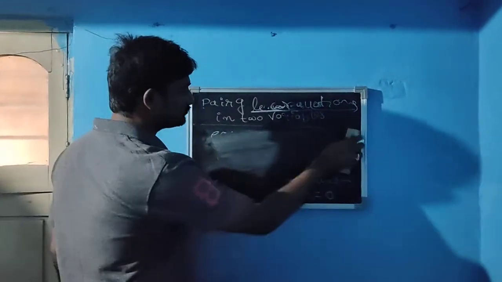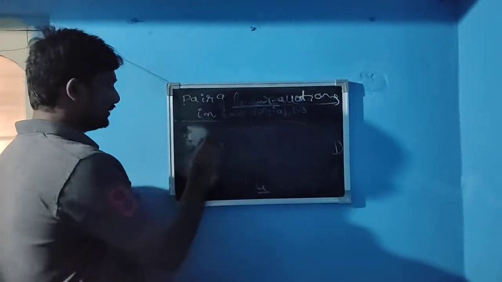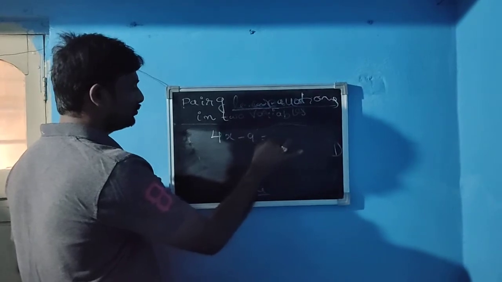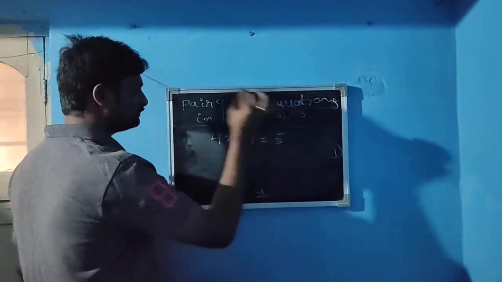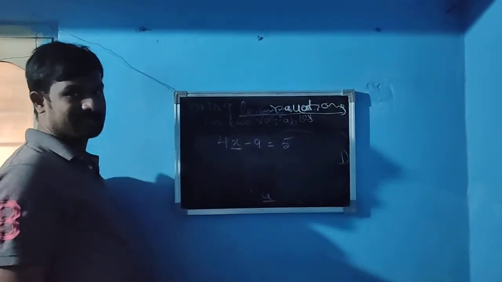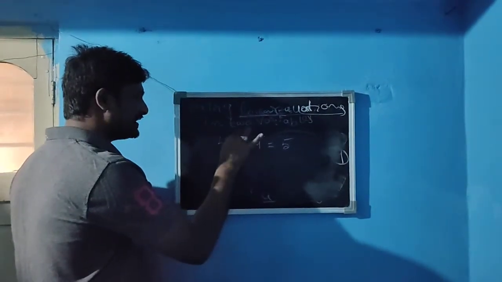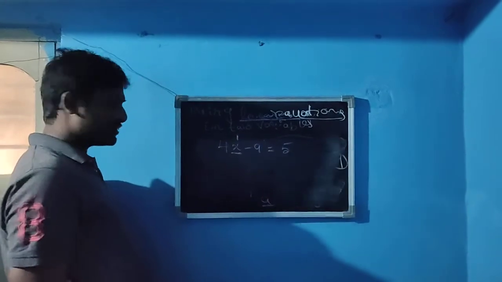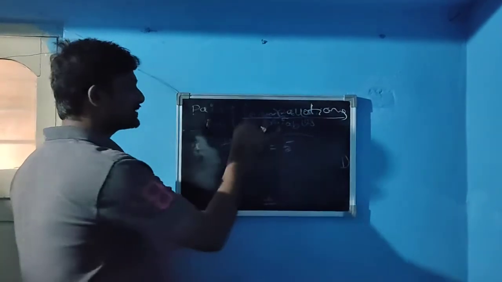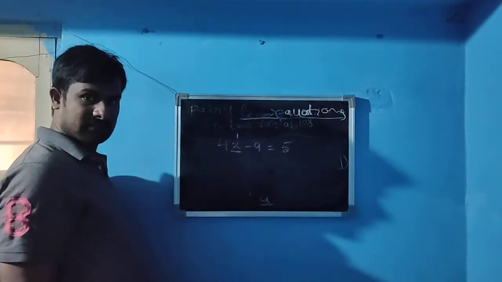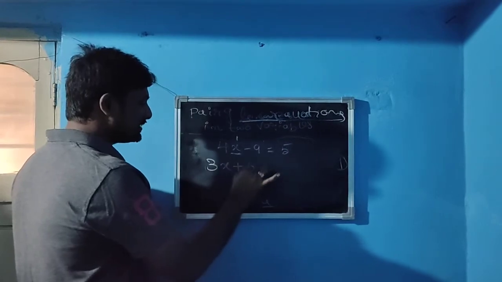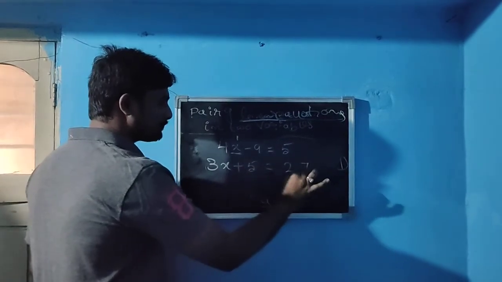Suppose I write 4x minus 9 is equal to 5. In this, what is the variable here? x. x has degree 1. So whenever the degree is 1, that equation is known as a linear equation. Some examples: 3x plus 5 is equal to 27.